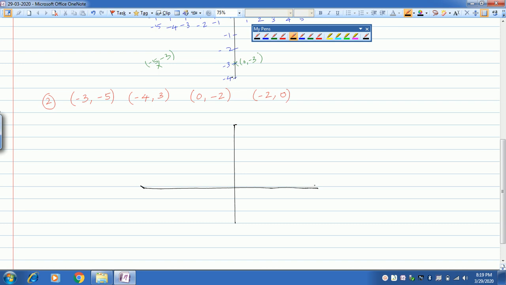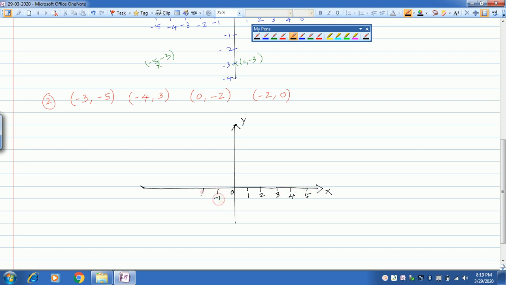This is x axis, y axis, and this is 0, 1, 2, 3, 4 and 5.